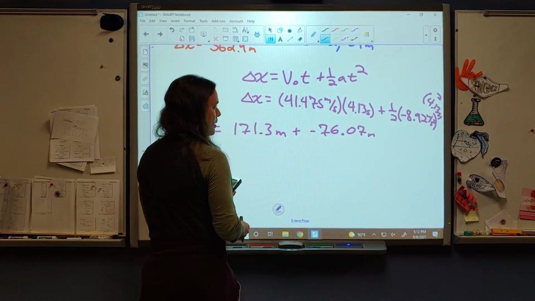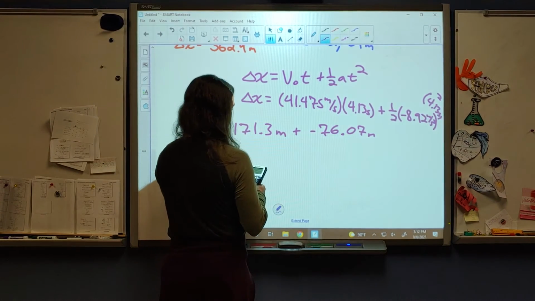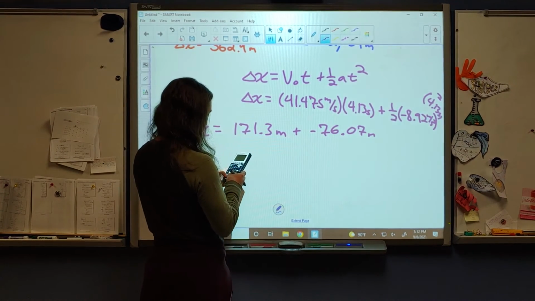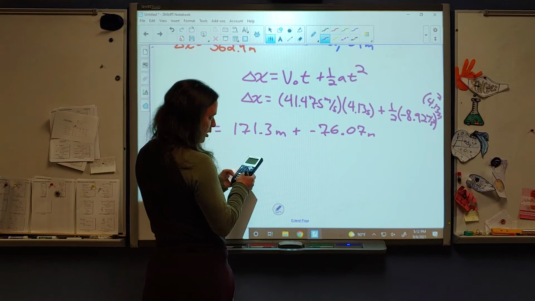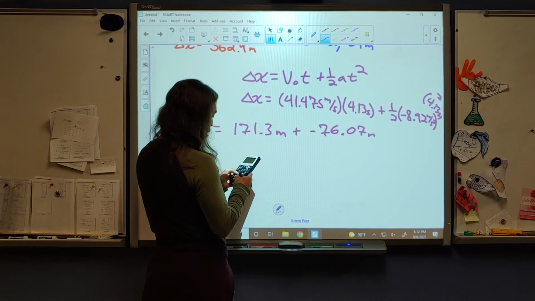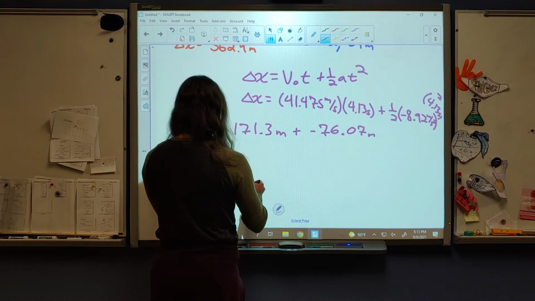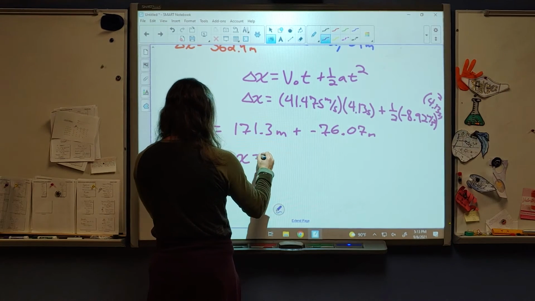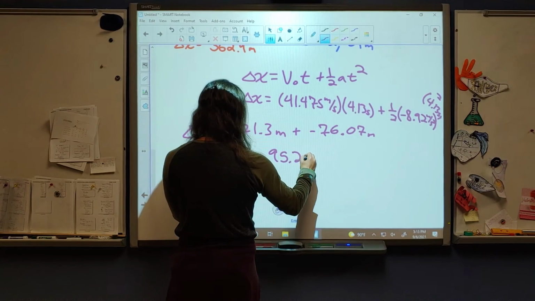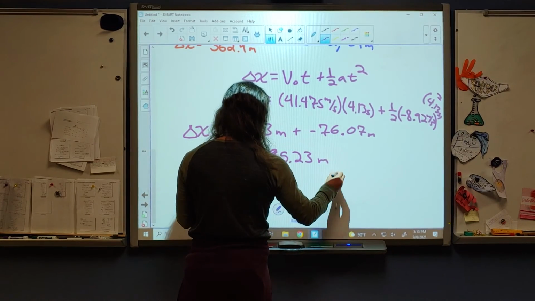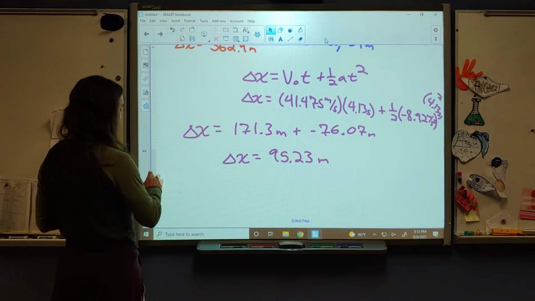Okay? That's what this should come up to. Our second squared cancels out with our divided by second squared, and we get this. So I get 171.3 plus a negative, or minus 76.07, or we could say 76.1. And we get the following. That delta x for our purple section is 95.23 meters.